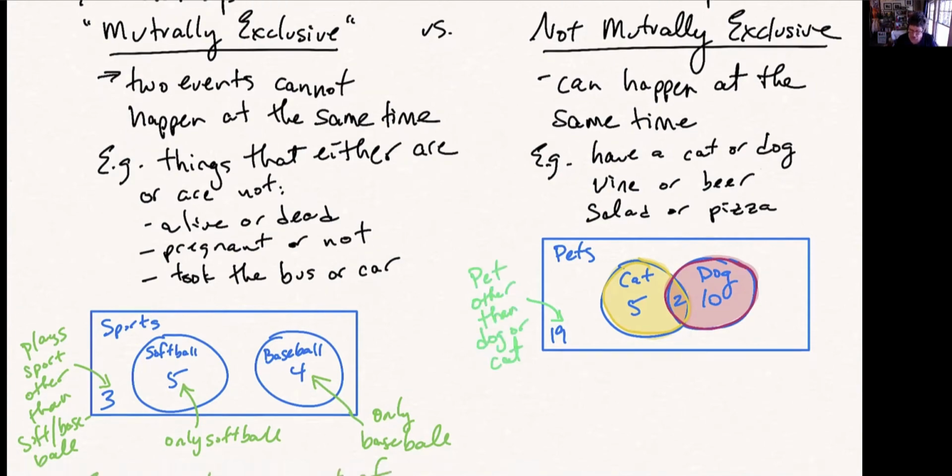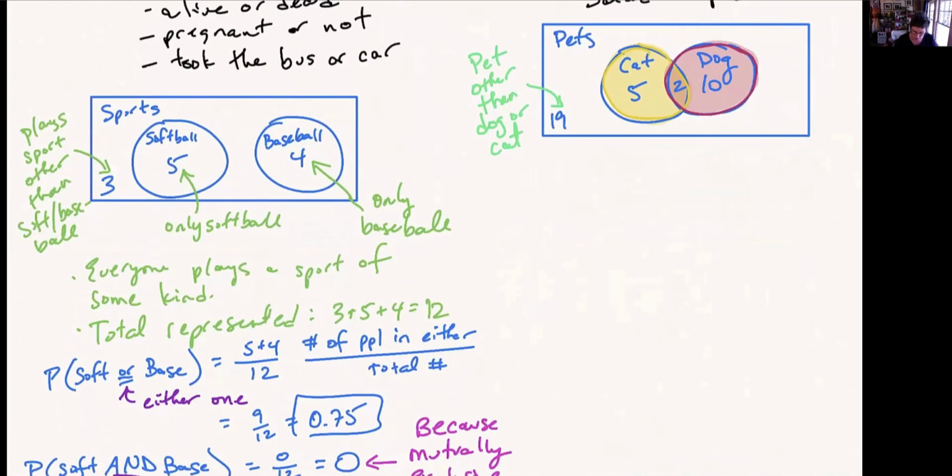Okay, so now let's find those same probabilities that we did before. Let's find the probability of owning a cat or a dog. Again, what we're looking for here is either one. And what's nice is that since we have this Venn diagram, this makes it a little bit easier than if we were to have a table.